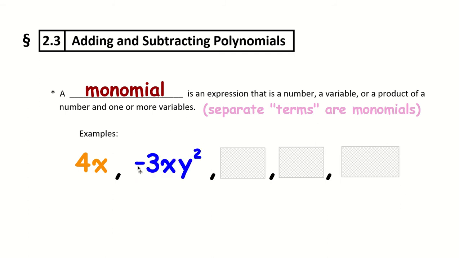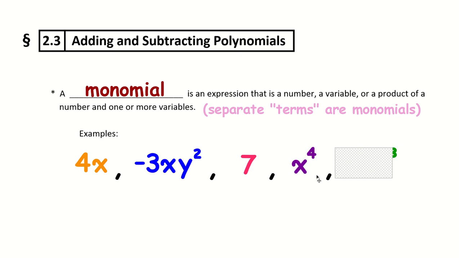Negative 3xy squared, that's only one term, a product of a number and one or more variables, or it's just a number or just a variable. So again, basically a term. 7 is technically a monomial. 7 is a polynomial technically, and an expression technically, even though it's just a number. x to the fourth, that's a monomial, a single term.